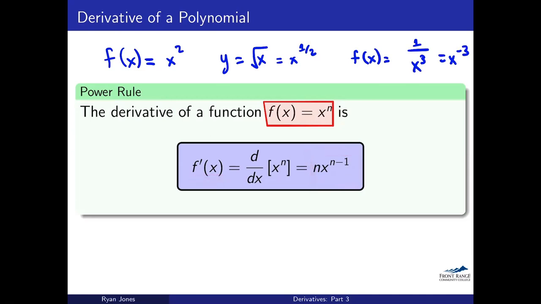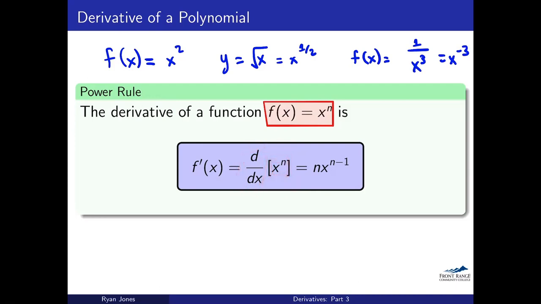Another notation for this is to say d dx, which just means derivative, of x to the n. And this is why this notation is super helpful, because I can very explicitly see what my function is. I can very easily see, hey, the function that I'm talking about is x to the n right here, and I'm taking a derivative of it.